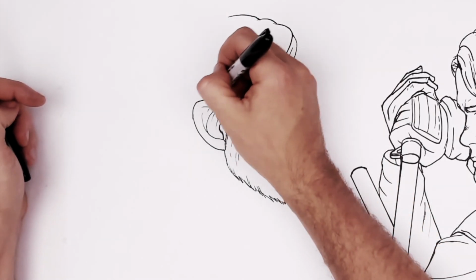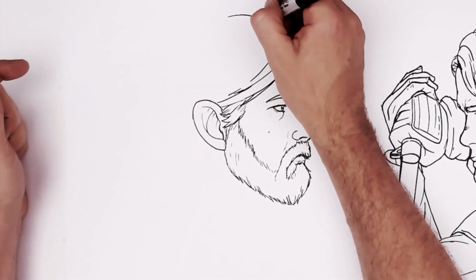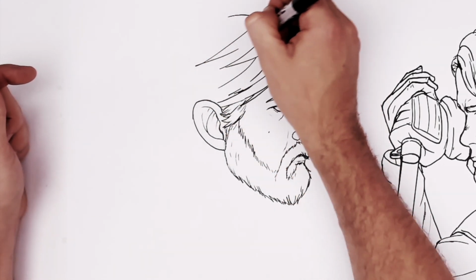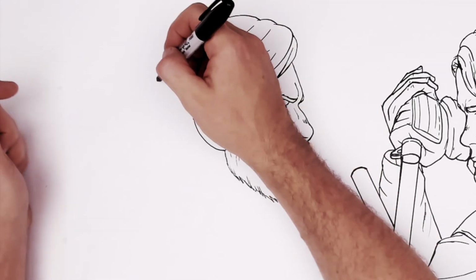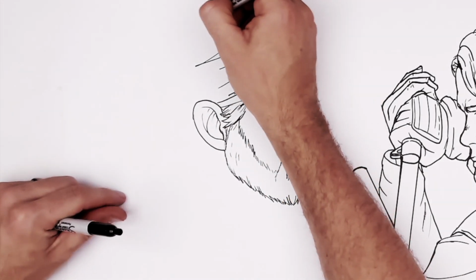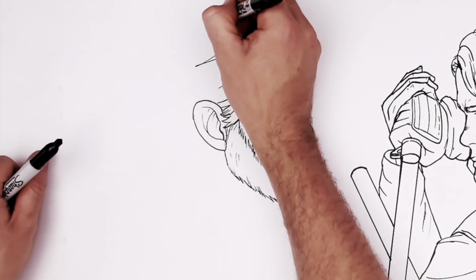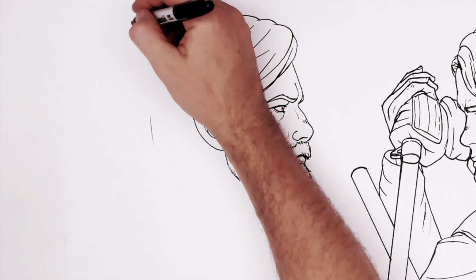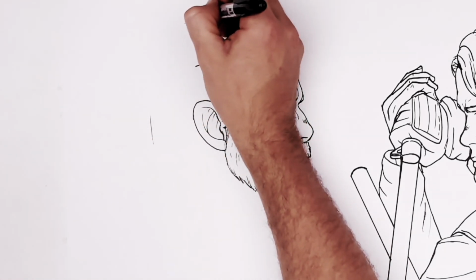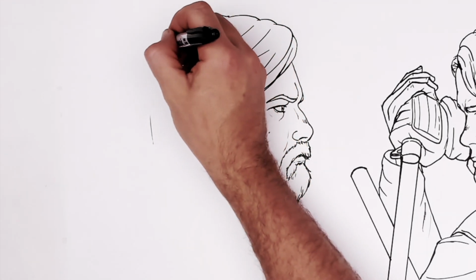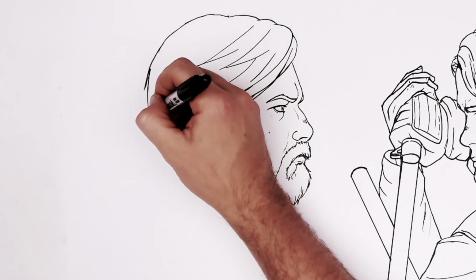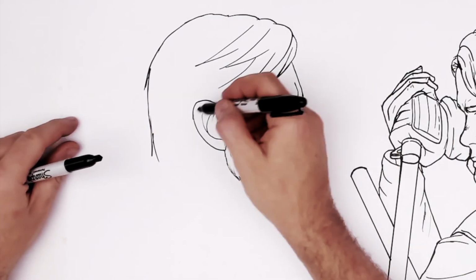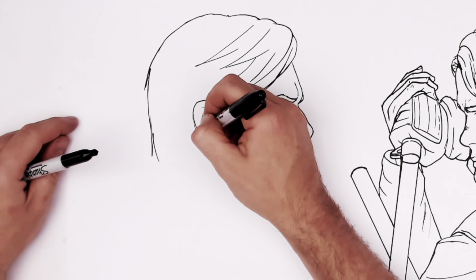It's got lots of these textures just here, and it goes all the way down the back. Very smooth down the back, down to here, like so. Down there, and it comes around the back of his ear.